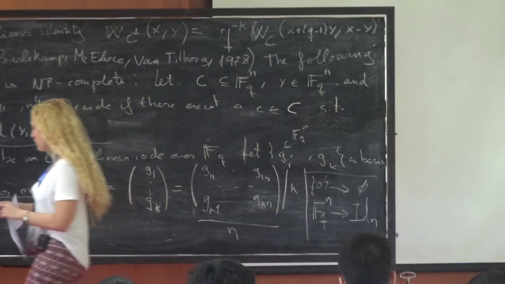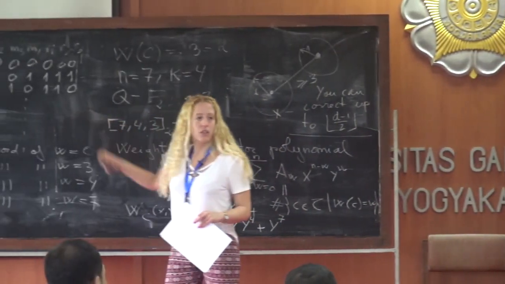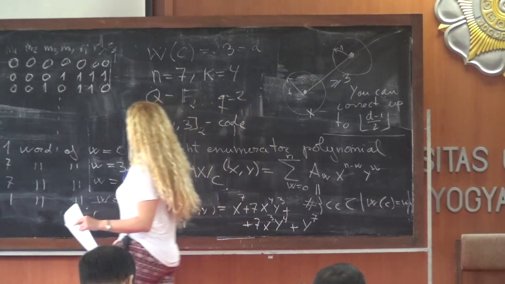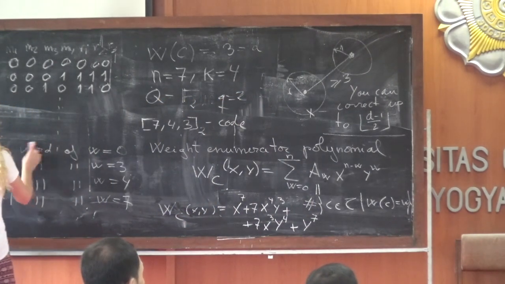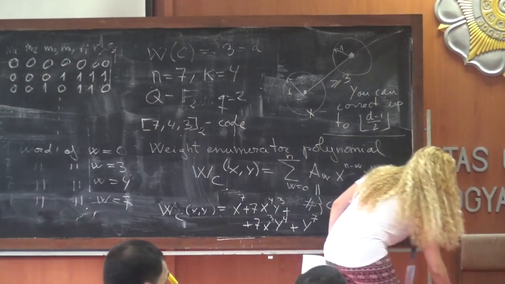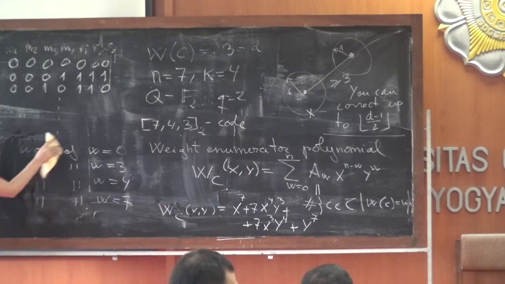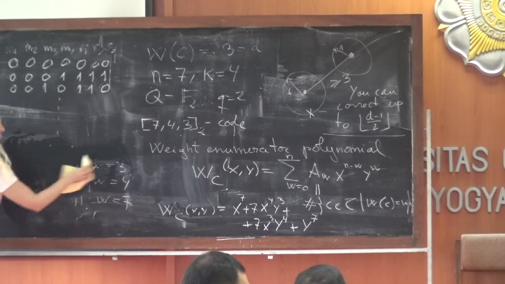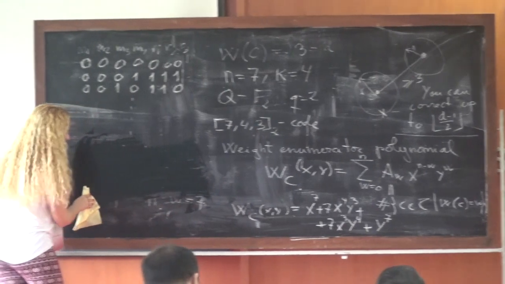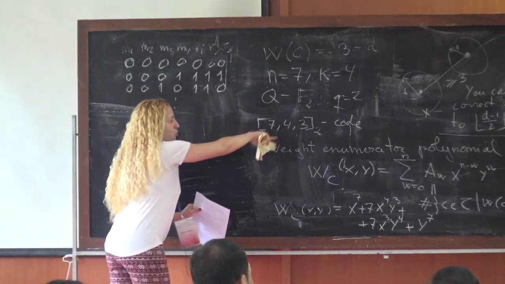Now I'm going to give you the generator matrix for the Hamming code. So what do I need for getting a generator matrix for the Hamming code? I know that it's a code of dimension 4, right?